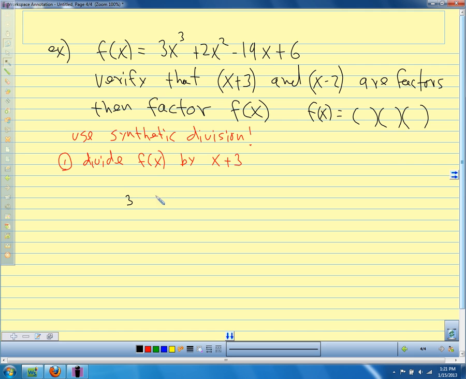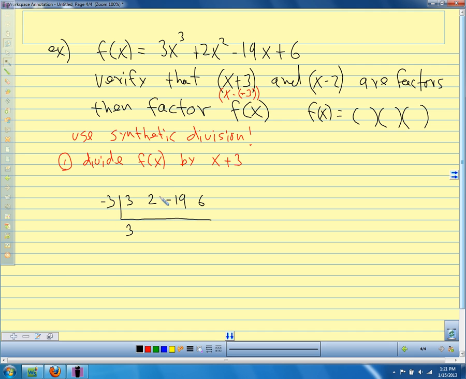So I'm going to have 3, 2, minus 19, and 6. And x plus 3, that's the same as x minus negative 3. When I use synthetic division, the thing that I'm dividing by has to be written in the form of x minus something. So the number that's going to go in front here is minus 3.